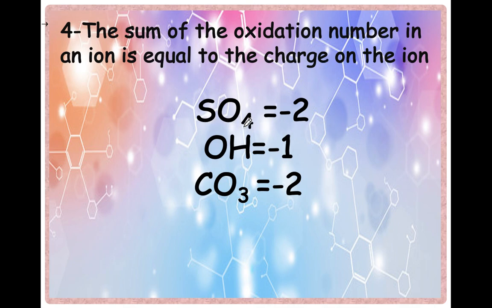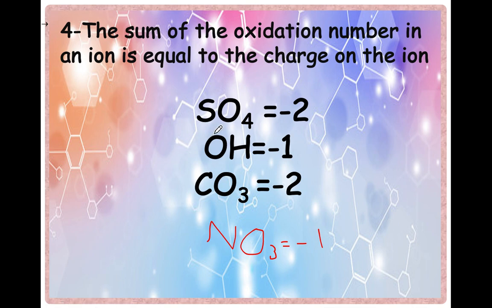So if I have sulfate, the oxidation number is negative 2 as the radical has a valency of negative 2. Hydroxide, one oxygen atom and one hydrogen atom, so the valency is negative 1. Carbonate, negative 2. Nitrate has a valency or oxidation number of negative 1, and so on.